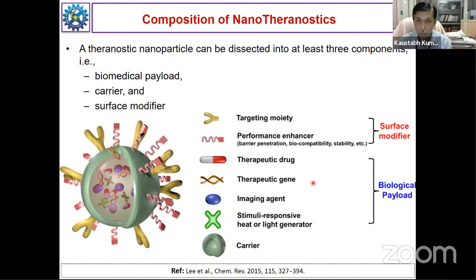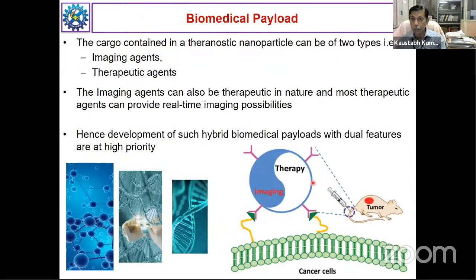Coming to the cargo, the therapeutic molecules: when you have cargo molecules in theranostic nanoparticles, they are of two kinds. One, we can use imaging agents, and another we can use therapeutic agents. You can see again a virtual cartoon where we have a therapeutic molecule as well as an imaging agent.